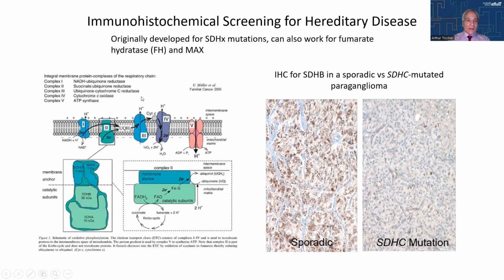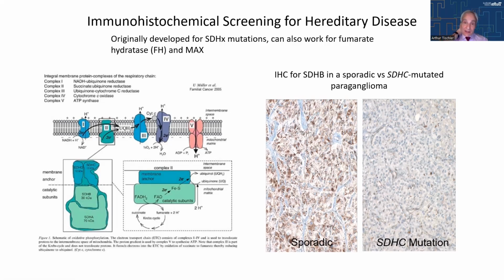So the SDH enzyme complex is encoded by four separate functional units plus a flavination factor called SDHAF2. And if any of these units is mutated, the entire complex is destabilized and SDHB degrades.